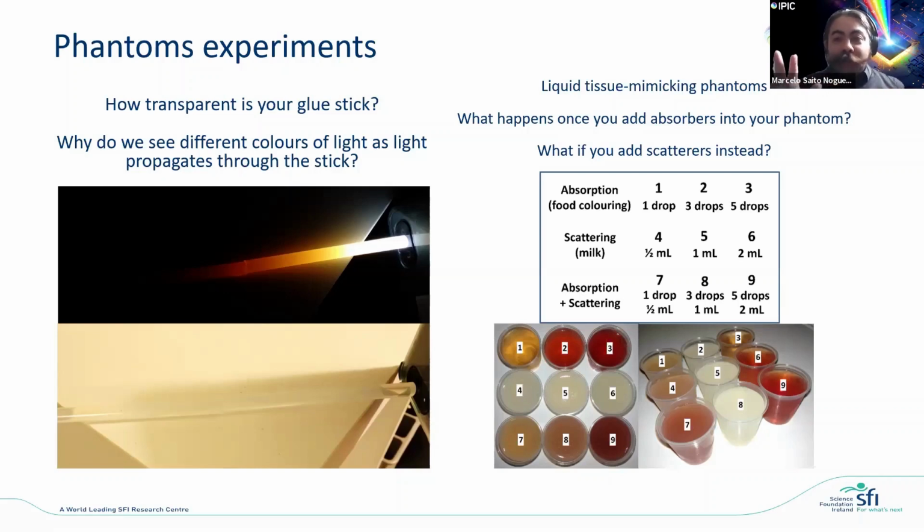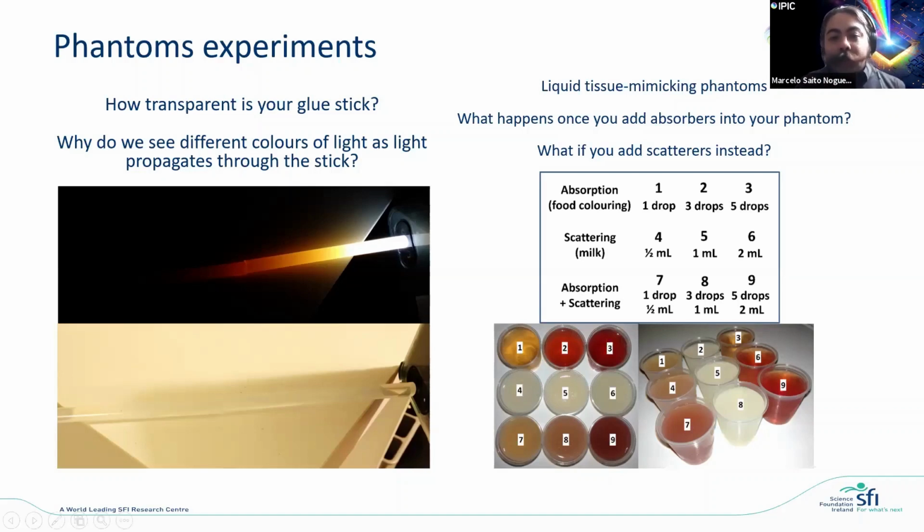Very simple mixtures. You can mix them in a clear shot glass, and you use just a very small amount of sample. So you can observe how the light propagates when you have only absorption or only scattering, and obviously the combination of these two, which will mimic your tissue, which has these two optical properties.